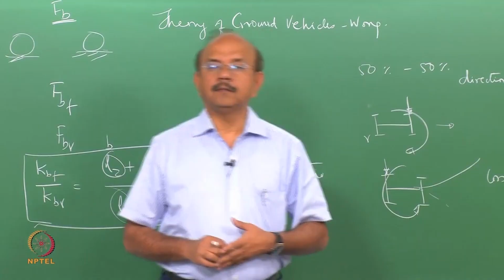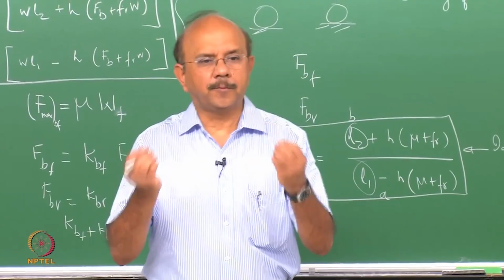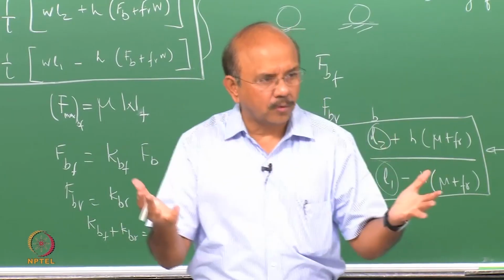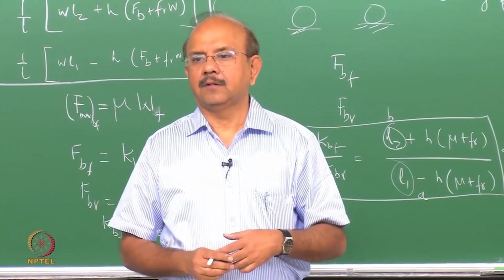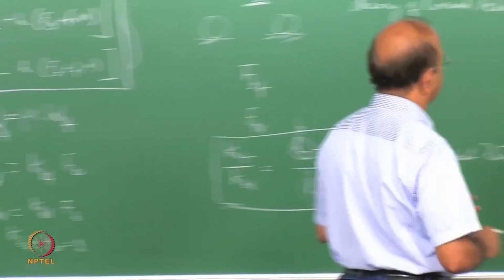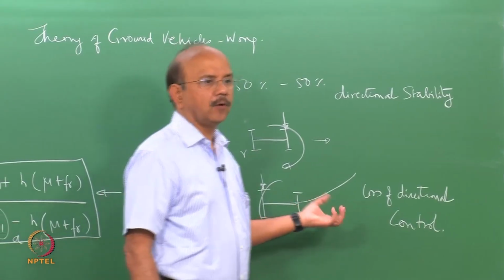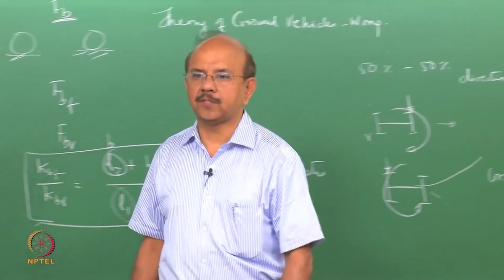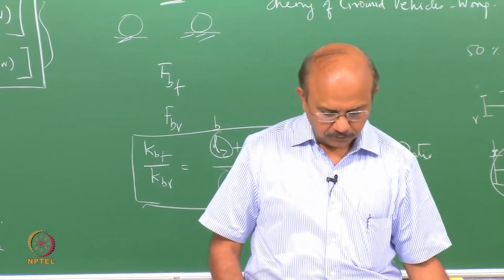On the other hand, if the rear wheel locks, even an expert driver cannot feel it, and by the time he realizes, everything is over. So, we need special devices in order to avoid this kind of locking and loss of directional stability and directional control. Is that clear?